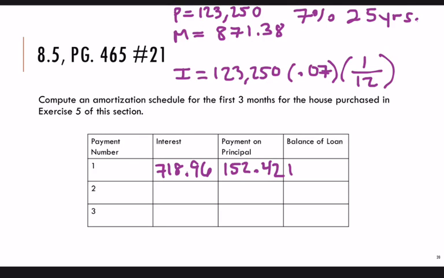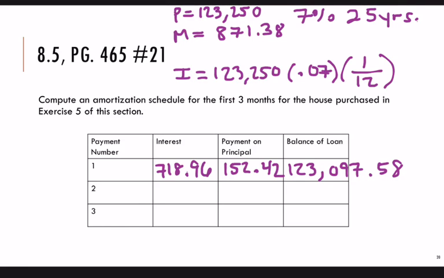And that's a balance of $123,097.58. Okay, and then we repeat the process. The only difference here is that each time we're going to be kind of crossing out this principal and then using a new number, the new balance of the loan.